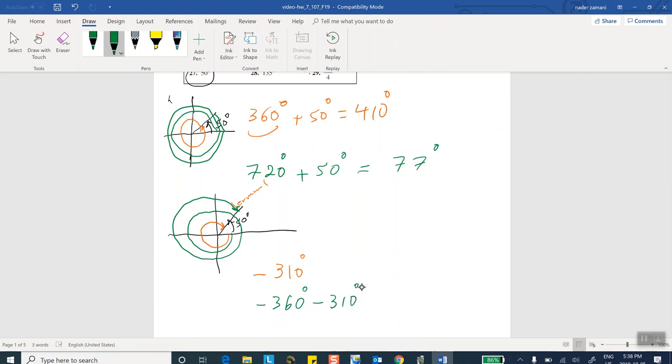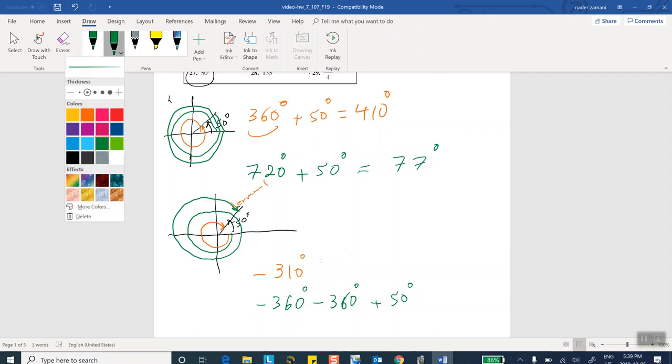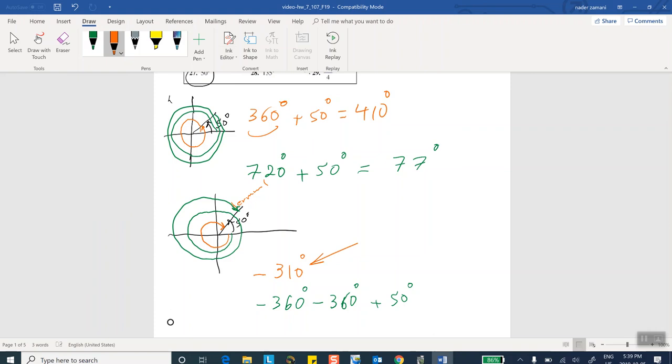Or let me actually say it a different way. You could have interpreted this as going 360 twice, and then you add 50 degrees to it, just like I got there. In other words, I could have interpreted this as minus 360 plus 50.